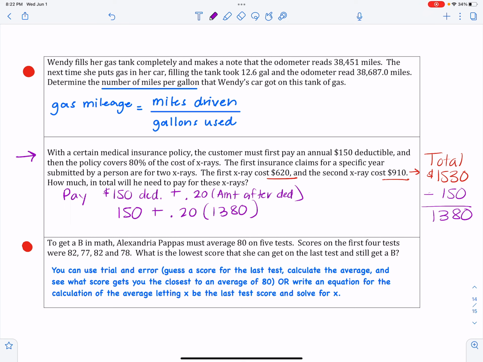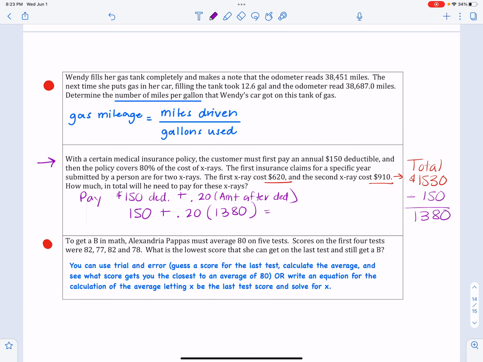So basically, I'm going to take 20% of the amount after the deductible. That's $276. But then I can't forget that they're also paying the initial deductible of $150. So that means the total amount paid is $426.